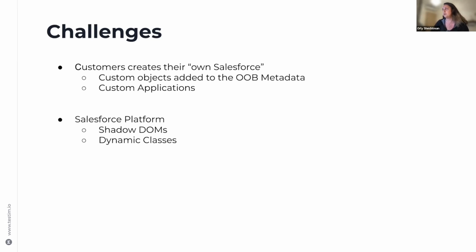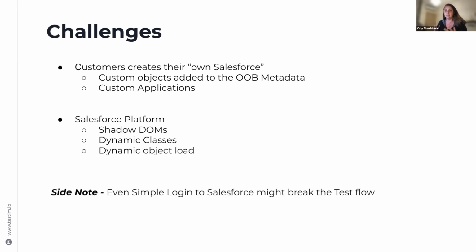And here I want to show you an example of how we can really have a stable test. And a side note that I'm going to talk about just for a minute is that even a simple action like logging in to Salesforce can be very, very complex.